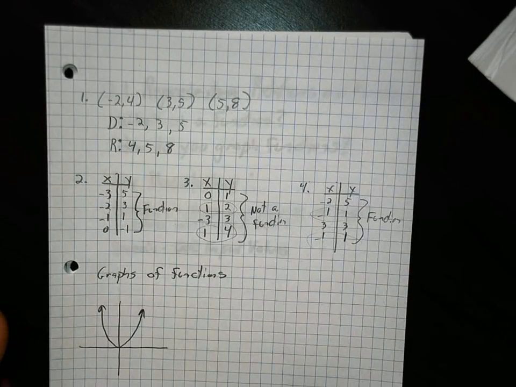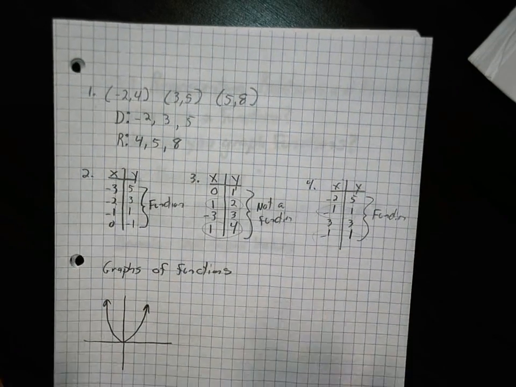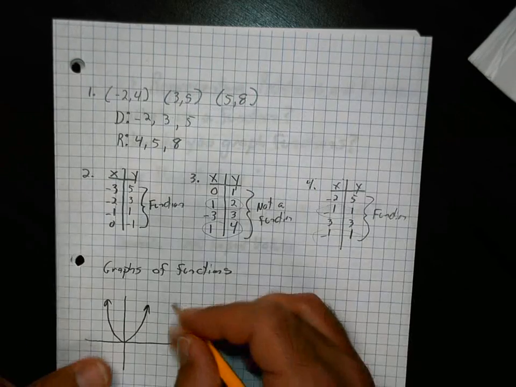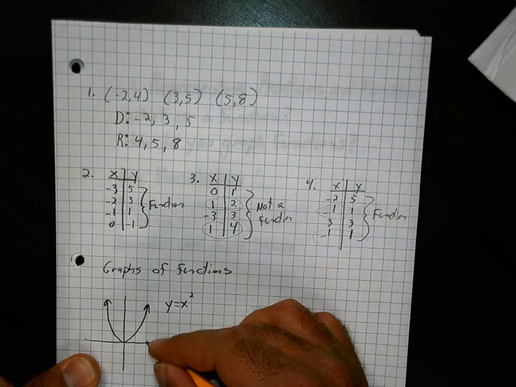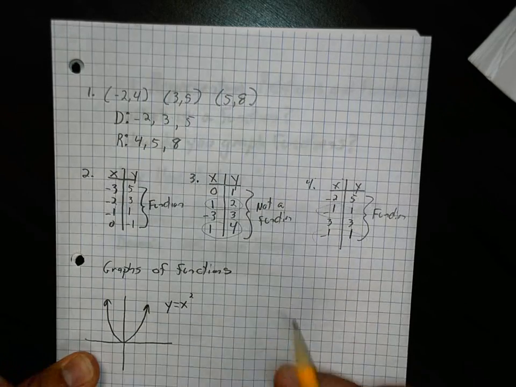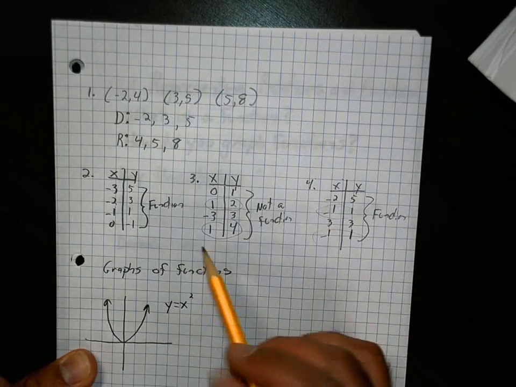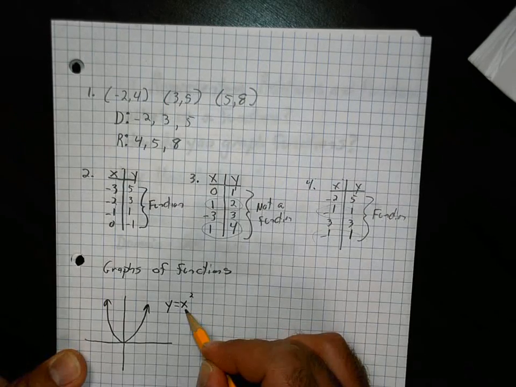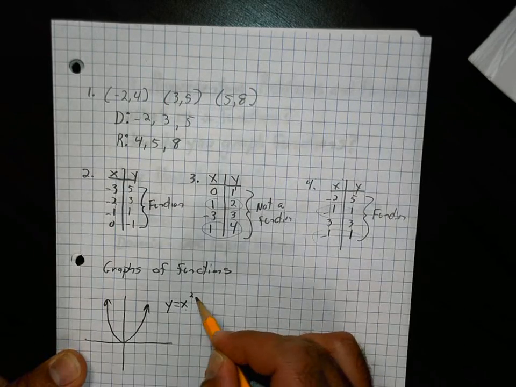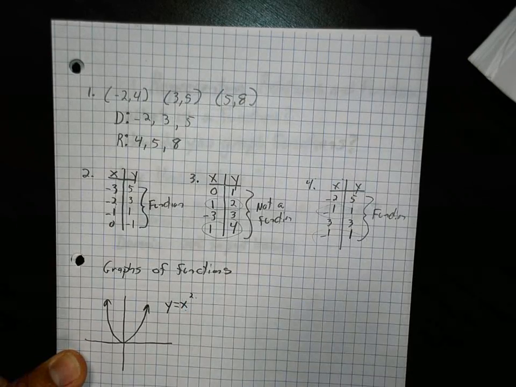A parabola, y equals x squared. It may not be exactly y equals x squared, but is that a function? For each value we put in for x, and we square it, we get one unique output. So this is a function.